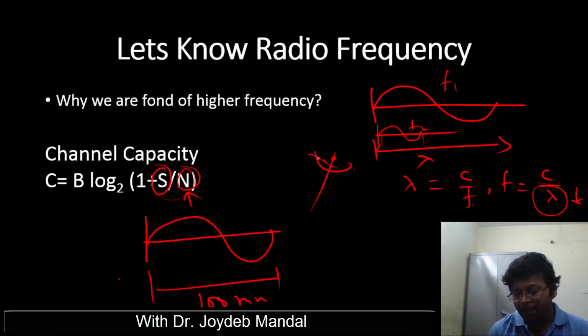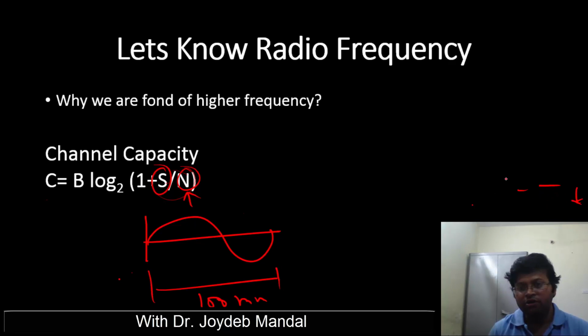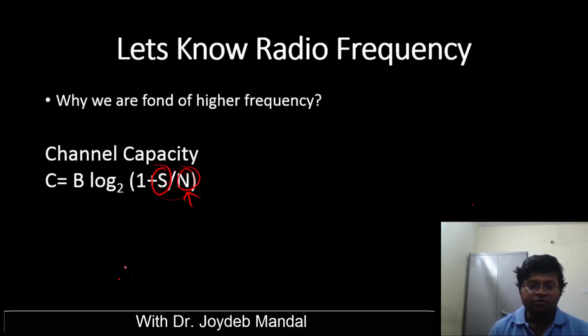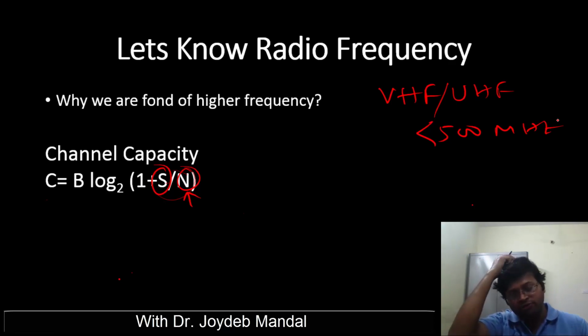Anyway, in this context I can discuss one more thing. Why do we still use low frequency, of the order of less than 500 megahertz? That is the VHF band, UHF band. Let us discuss this point also.